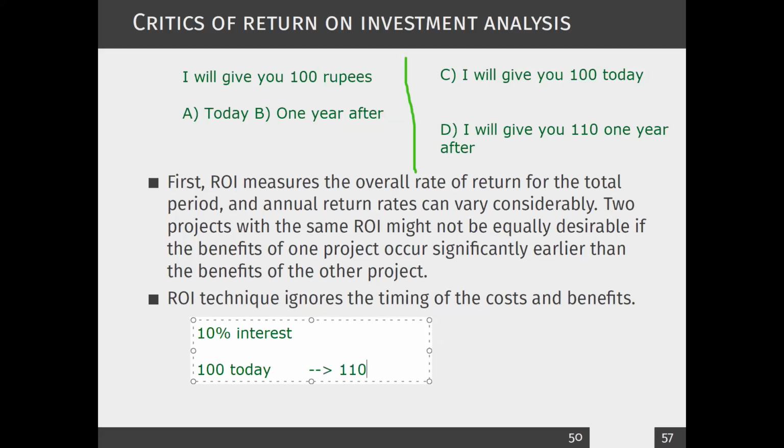It becomes 110, right? 1 year after. You got my point.